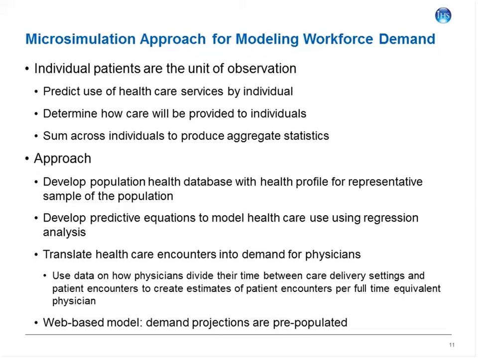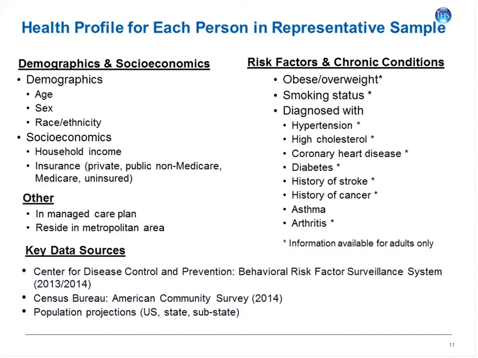And then based on national staffing patterns, we translate the demand for healthcare services into the demand for registered nurses, licensed practical nurses, and other health professionals that are modeled for HRSA. And as mentioned before, in the web-based model, currently all the demand projections are pre-populated, so you cannot change those.